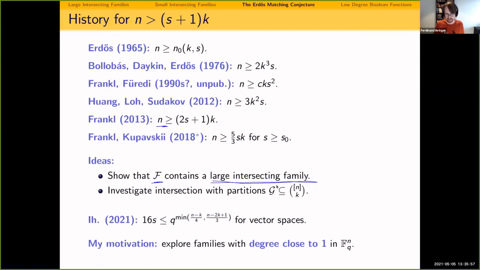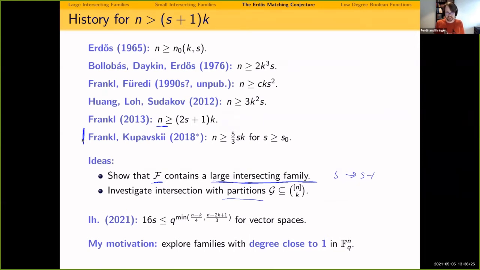You can take that out, and then you go from s to s minus 1, for instance, and then you can continue doing induction. Another thing that is actually quite useful is to investigate the intersection with partitions or fractional partitions or all kinds of variations. The last result here uses a nice concentration inequality.